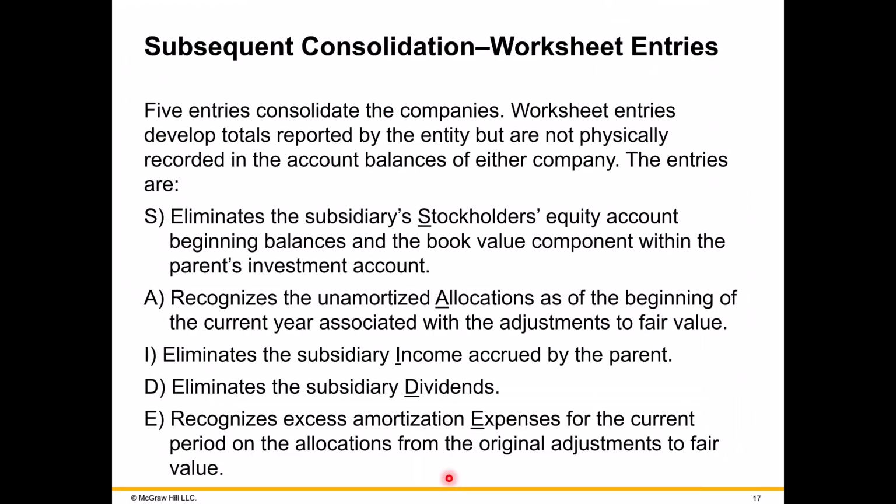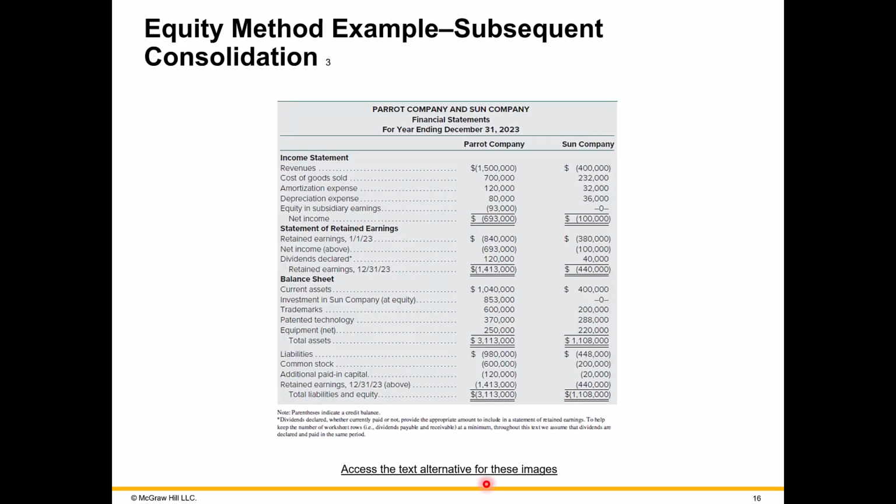So let's look at the explanations here on the slide. The first set of journal entries, called S, is eliminating the stockholders' equity accounts, not of the parent, but the sub. Let me go back to the previous screen here. Again, this 200,000, this 20,000, this 440,000.